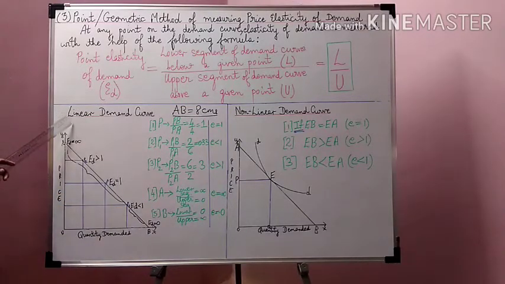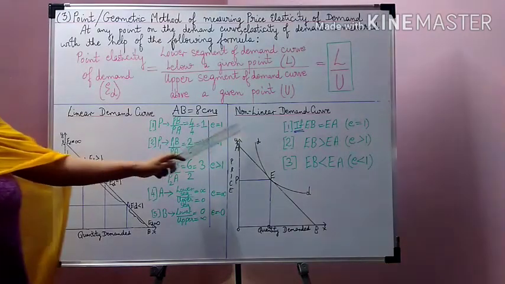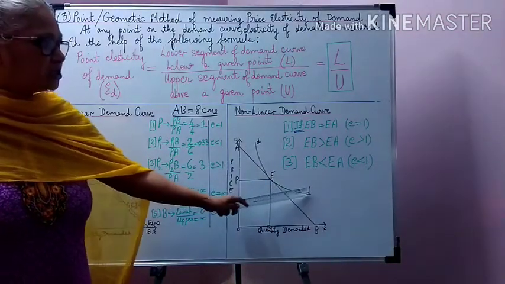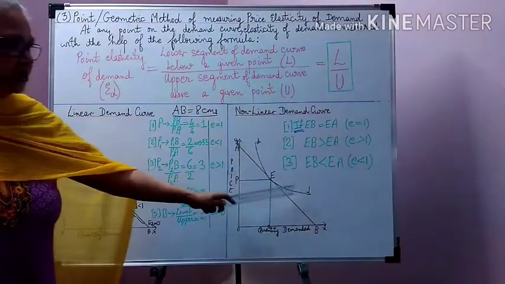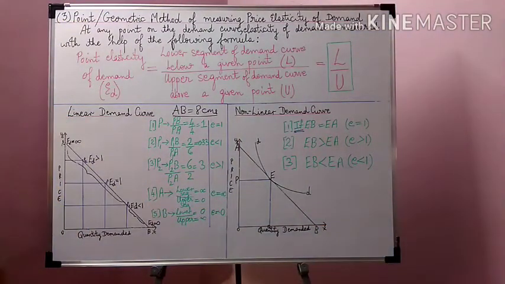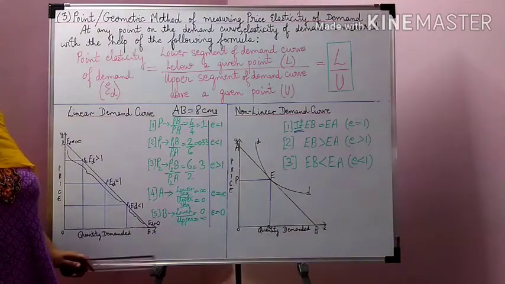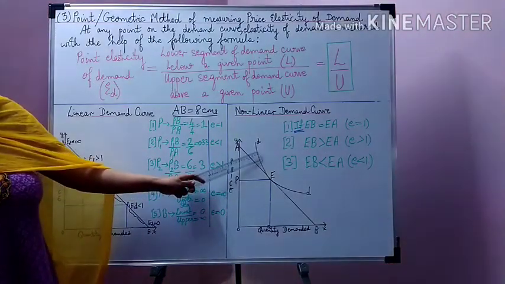So if it is a linear demand curve, or at any point on the demand curve, you can measure the elasticity of demand according to this point method. But suppose you do not have a straight line demand curve, but you are given a non-linear demand curve, DD, then you have to first draw a tangent to this curve.